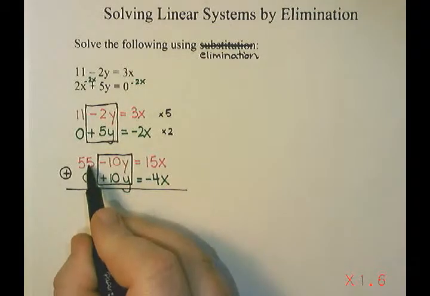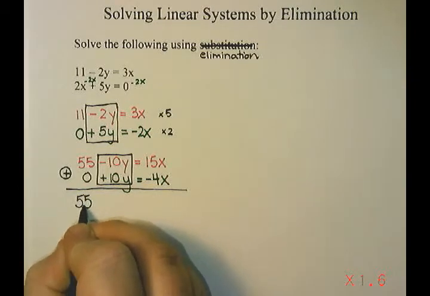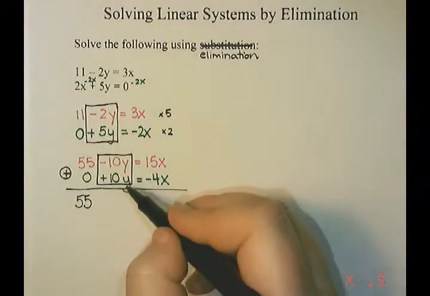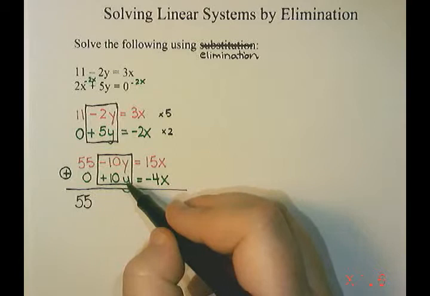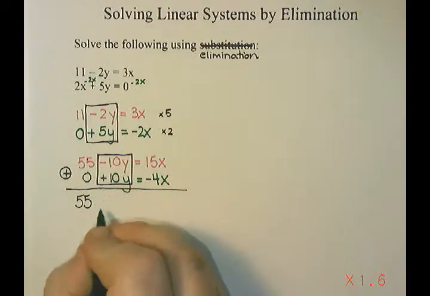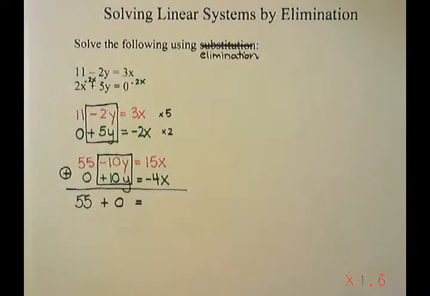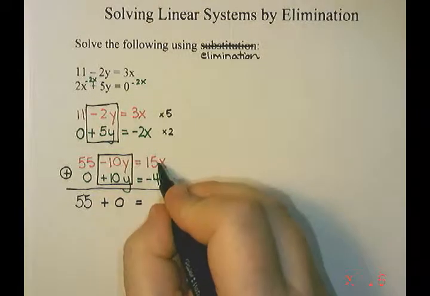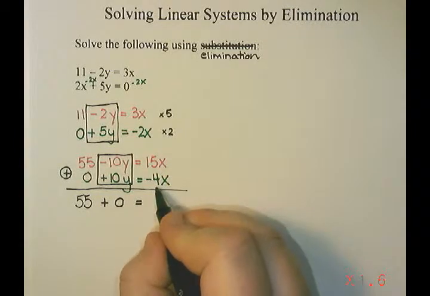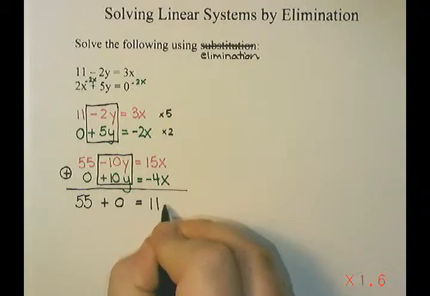So 55 plus 0 is 55. Negative 10y plus 10y gives me 0. So that's completely gone. So I can either write absolutely nothing, or I could write a 0 if it makes you feel a little bit better. And then 15 plus negative 4 is 11x.